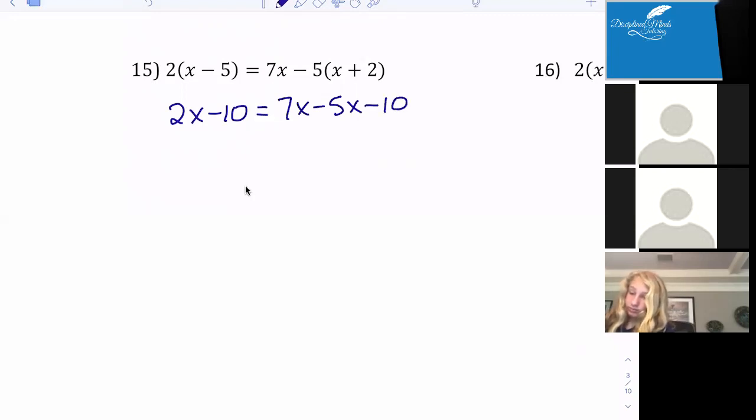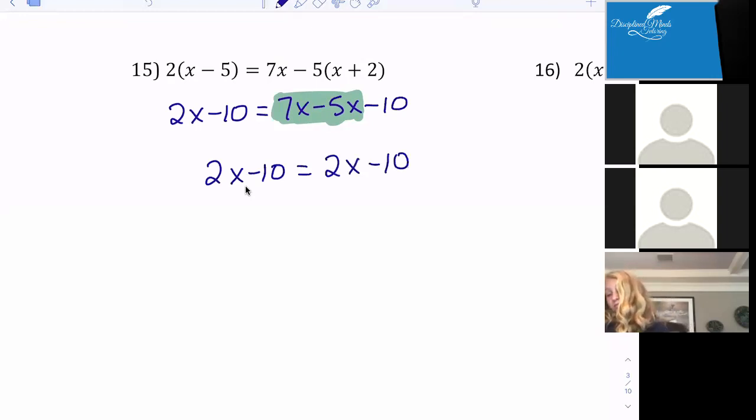Okay, so now, keep going. What's next? On the right side, do 7x minus 5x, which is 2x. Beautiful.